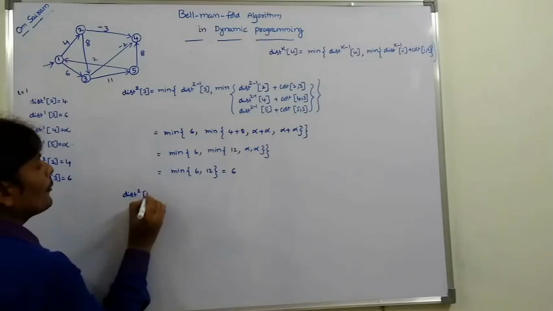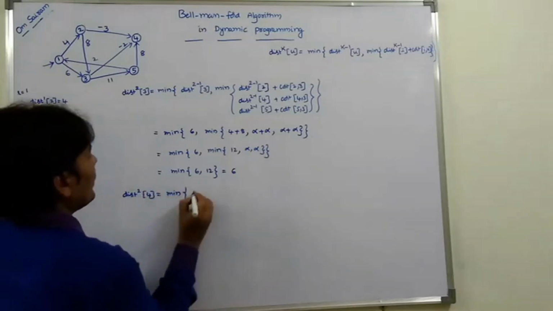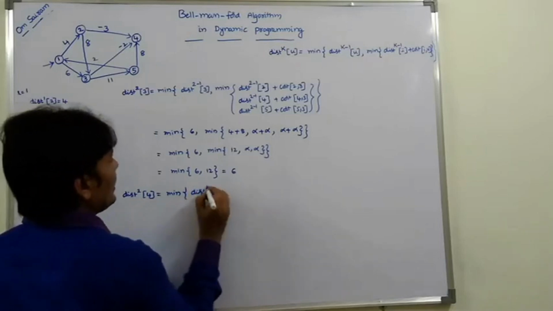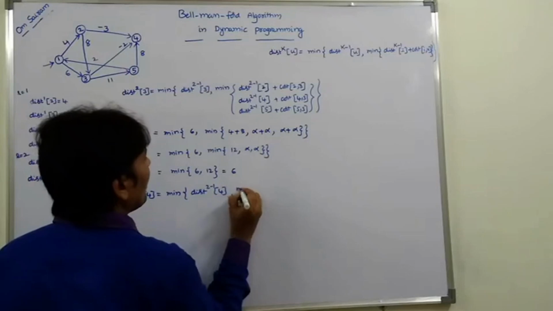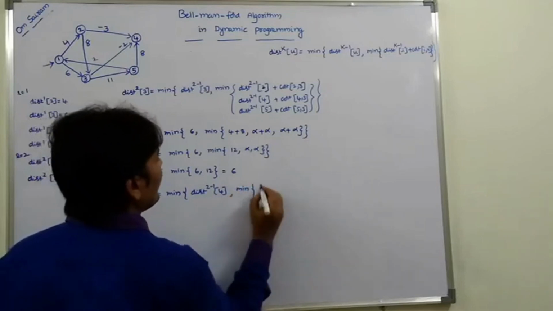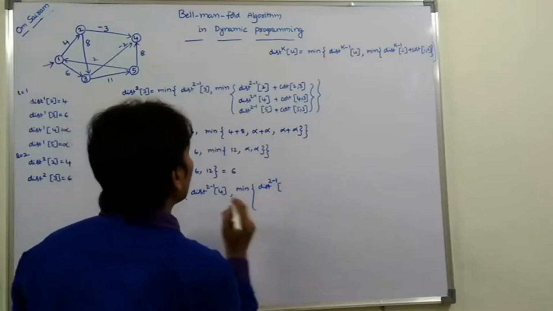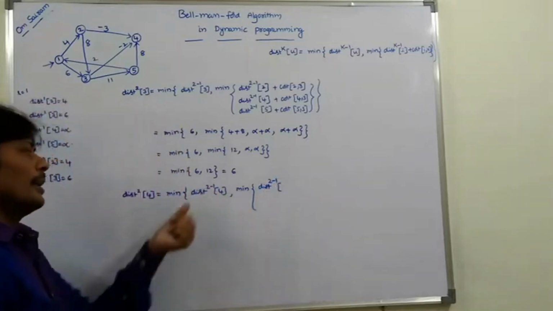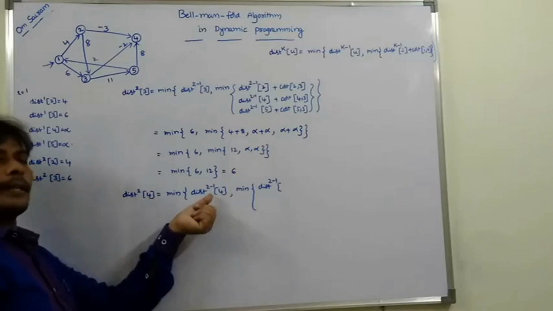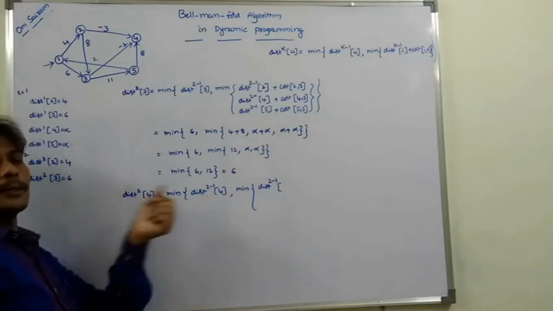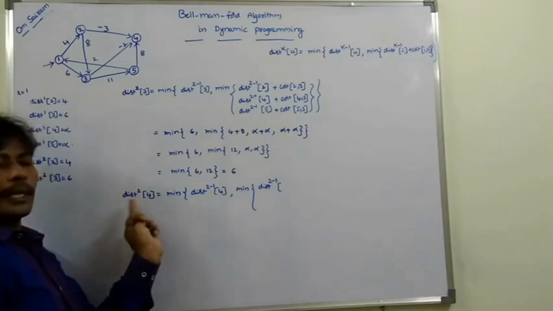dist2 of 4 is equal to, so minimum of dist2 minus 1 of 4 comma minimum of dist2 minus 1 of, what are the remaining vertices? There are 5 vertices, 1, 2, 3, 4, 5. So 1 is the source vertex, we do not consider. Now we are considering the vertex 4.